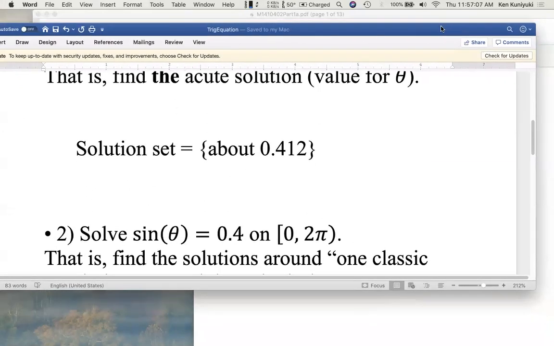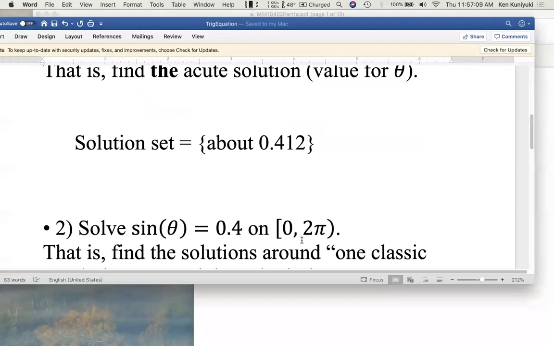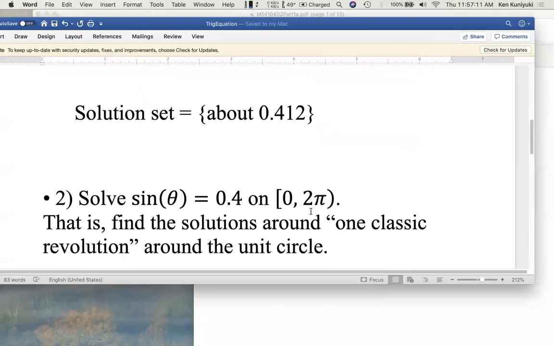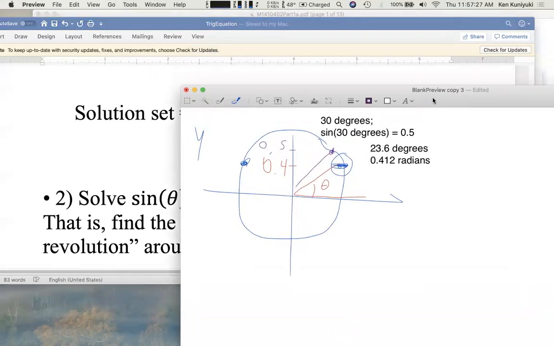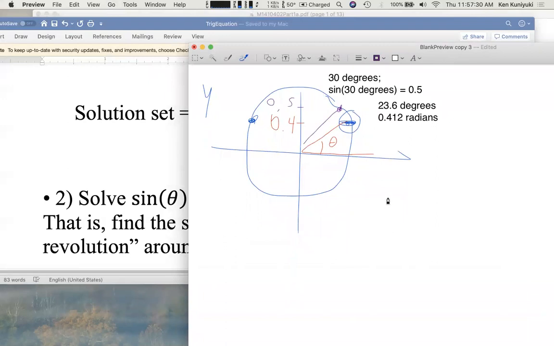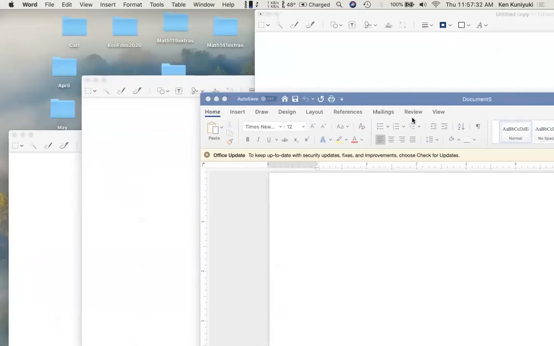What are the solutions to this equation on this interval, basically between 0 and 2 pi? That is, find the solutions, values for theta, around one classic revolution around the unit circle. I have a parenthesis here because, remember, 2 pi is coterminal with 0. So let's see what happens there.